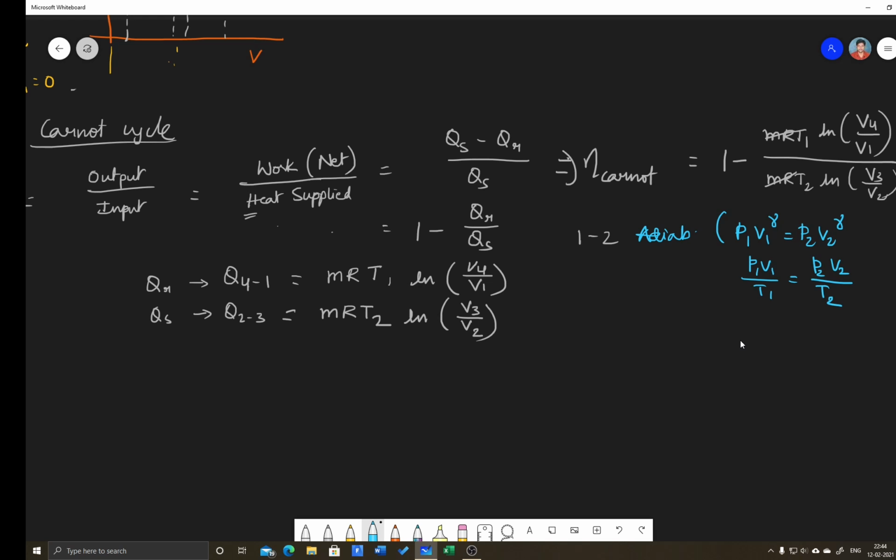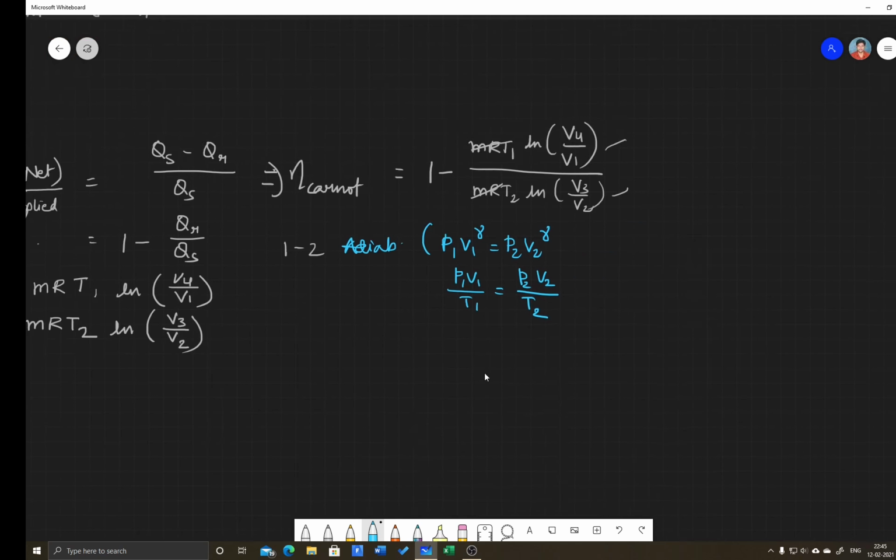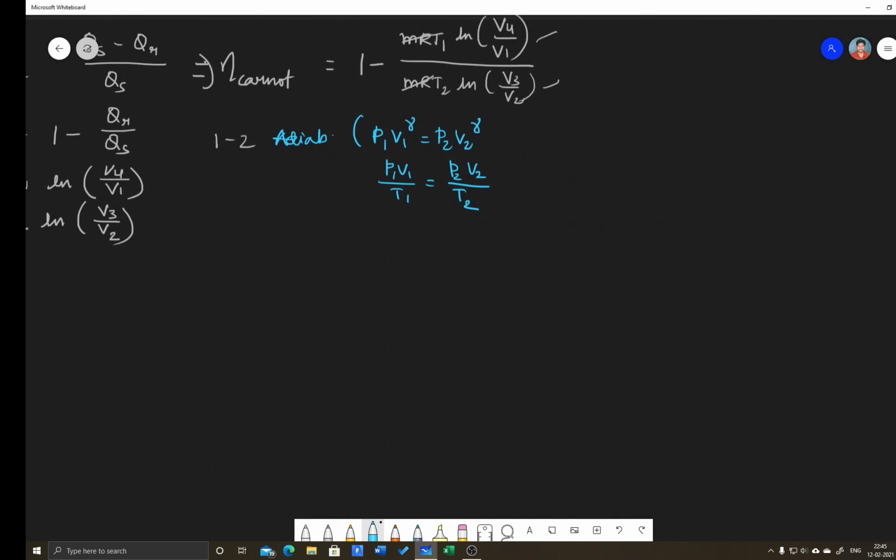So we want to relate between temperature and volume. From this you can say P1 by P2 is equal to V2 by V1 whole power gamma.